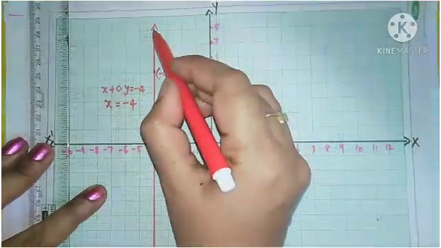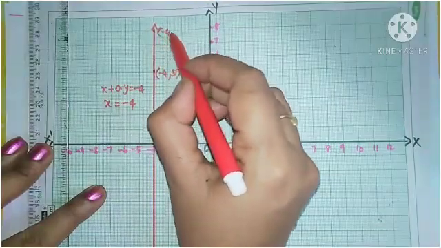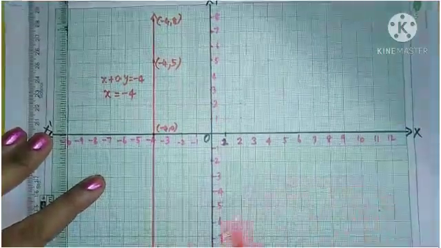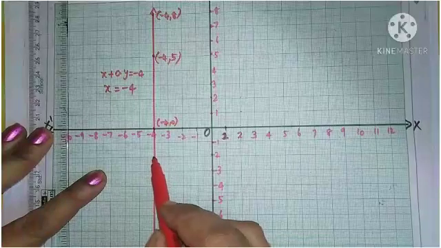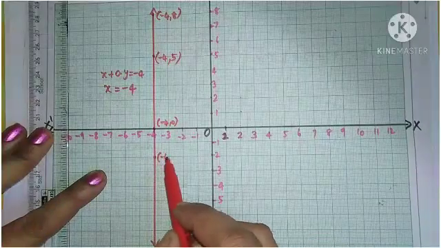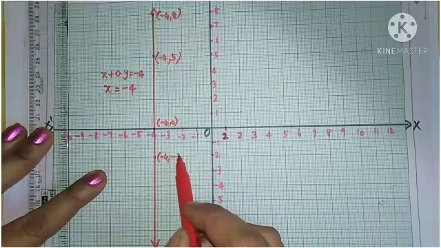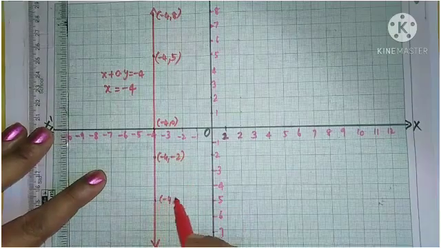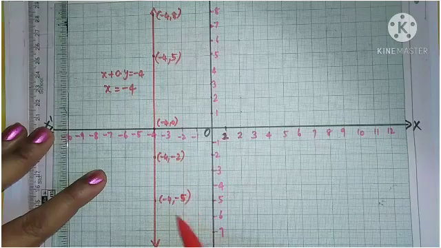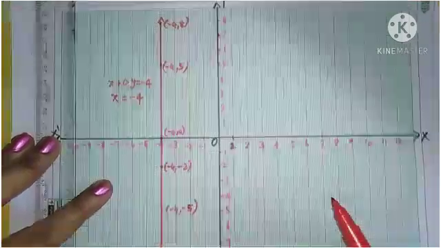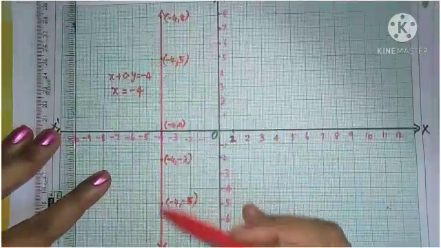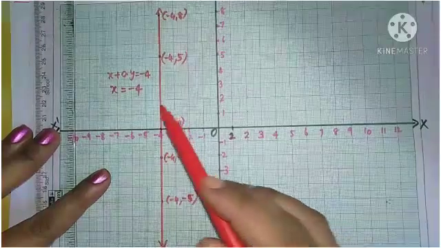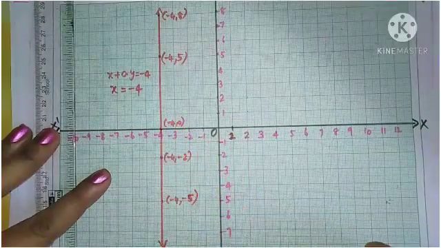And if you take this point, x minus 4, y is 8 here. And if you take this point, x again minus 4 and y is minus 2. For this point, x minus 4, y is minus 5. Okay, so for any value of y, the x value is constant, and this graph is parallel to the y axis.